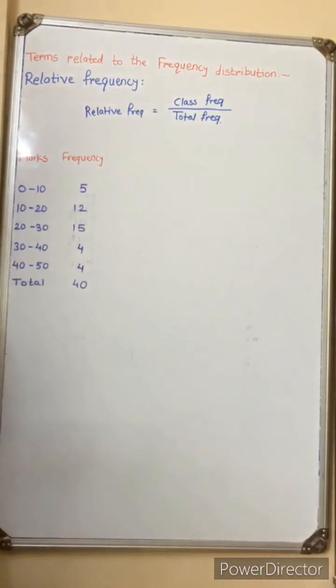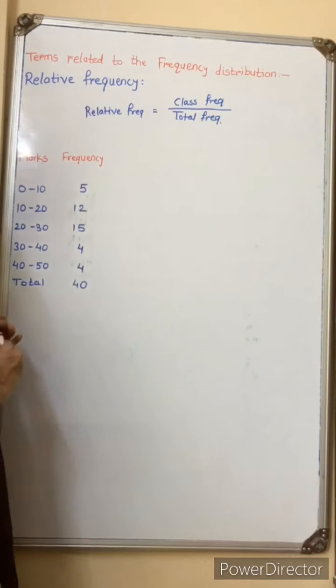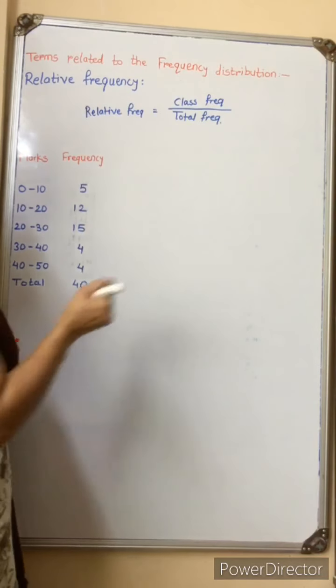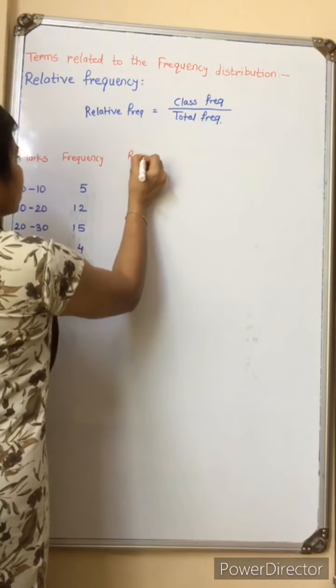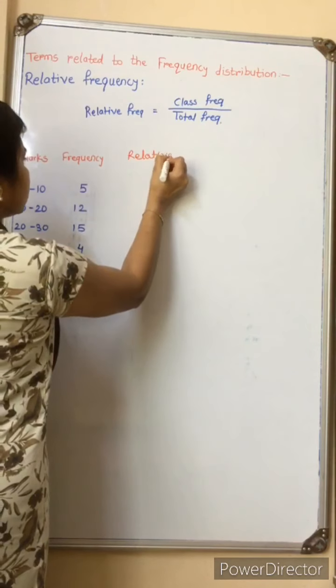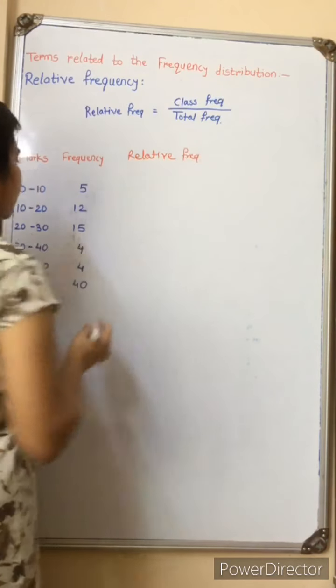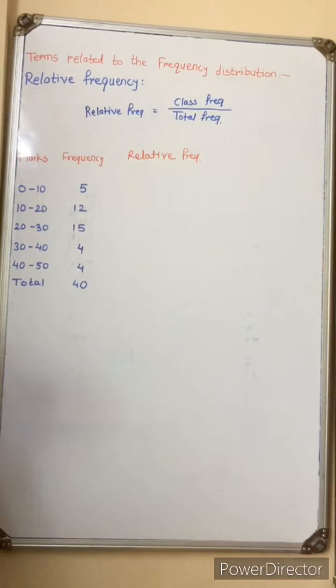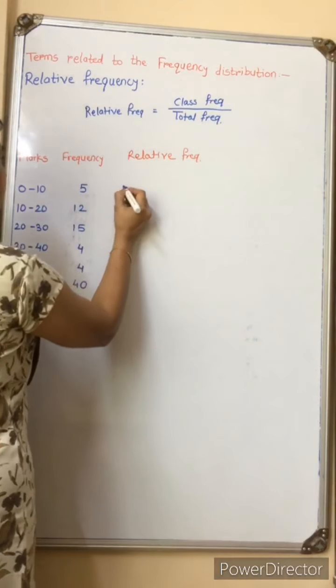If we take the same example of marks and frequency, and we need to find the relative frequency here, what is the relative frequency for the first class?